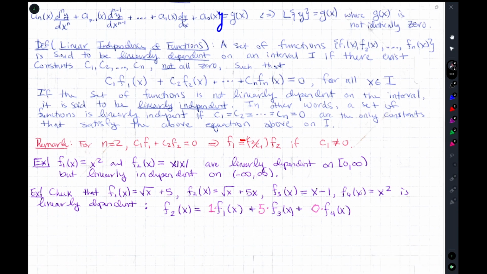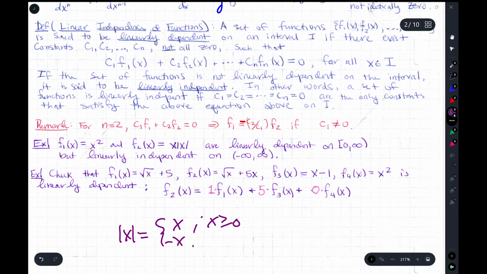So, some examples to consider here. F of x, you have x squared and x times the absolute value of x. And don't forget that the absolute value of x is equal to x when x is greater than or equal to 0, and negative x when x is strictly less than 0.